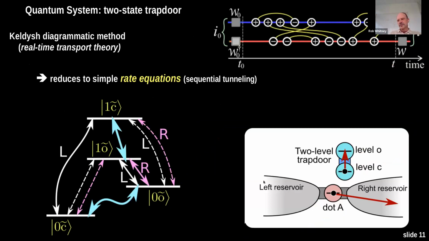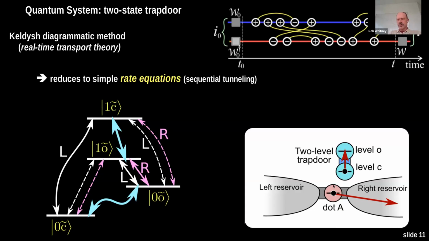And then there's basically two ways you can treat this. One is to do a Keldysh diagrammatic perturbation theory approach, where you treat this all with diagrams. And the other one is to make the assumption that these reservoirs are weakly coupled to the central system.